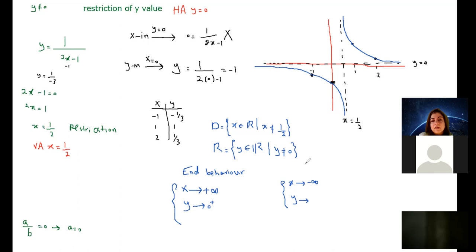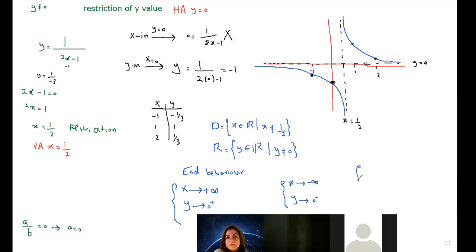Okay. And here, can you tell me when X goes to negative infinity, what does the Y go to? 0 from the negative side. Very good. See, the Y is getting close to 0, but from the negative side, right? Now, tell me, when X gets close to 1/2 from the positive side, what is the behavior of the Y?